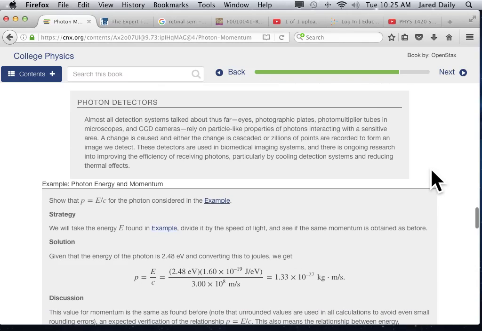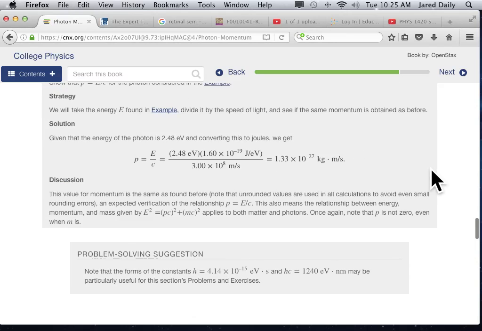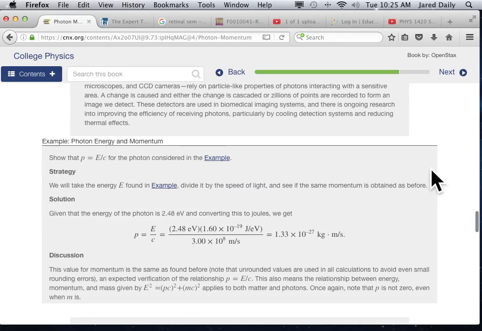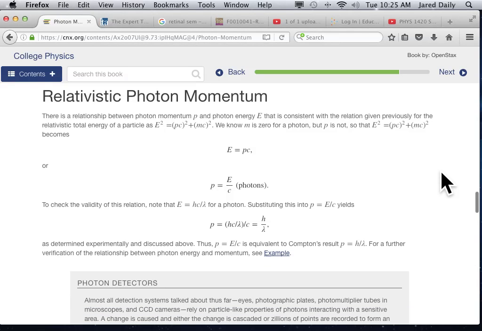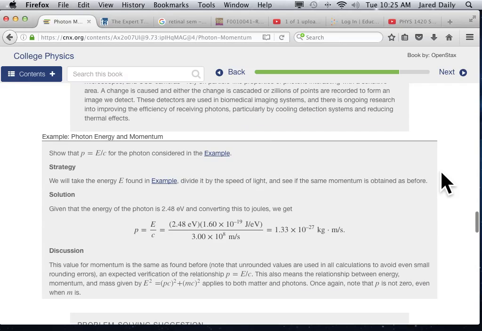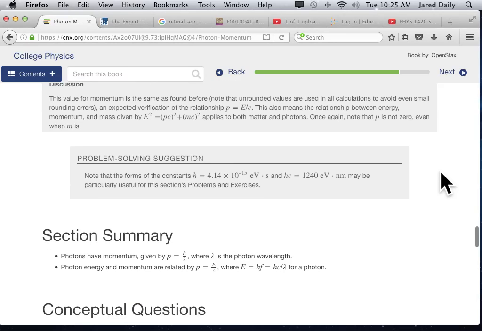So let's see. Where do they show that? Yeah, they don't really show the use of the relativistic formula for that, but that's okay.